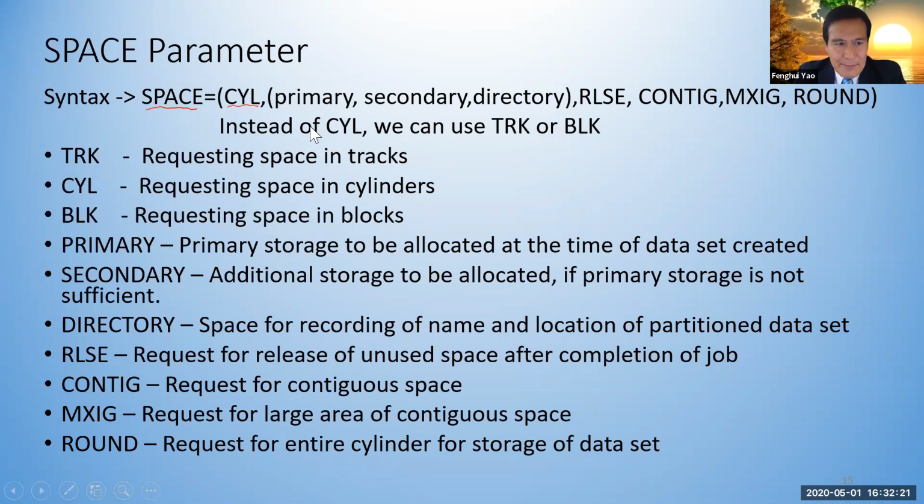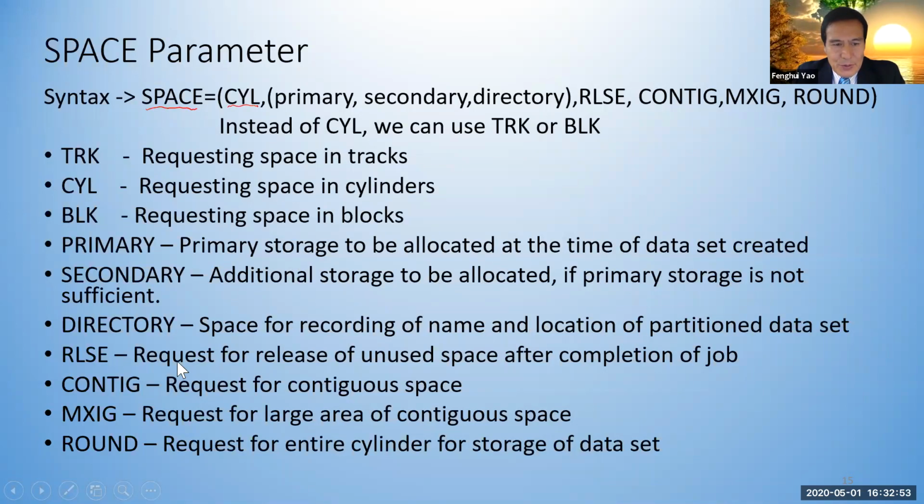Then this primary. Primary means storage to be allocated at the time the dataset is created. Secondary is additional storage to be allocated if primary storage is not sufficient. Then directory. Directory means a space for recording the name and location of a partitioned dataset.